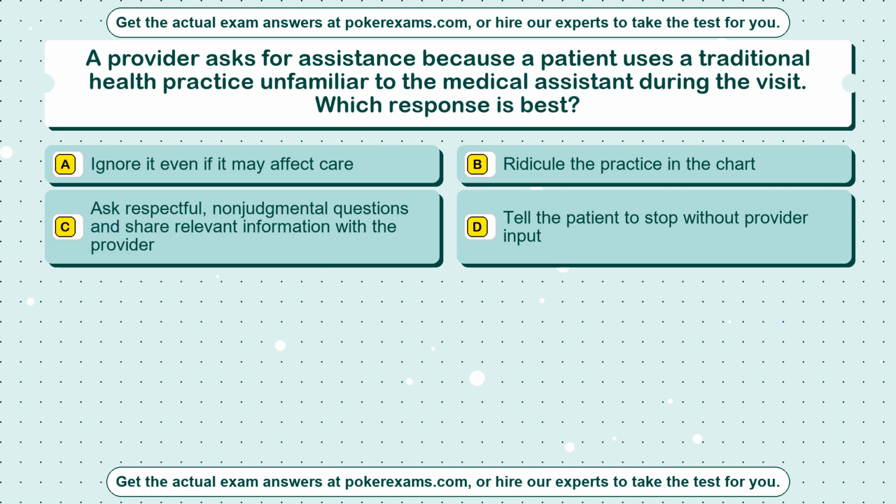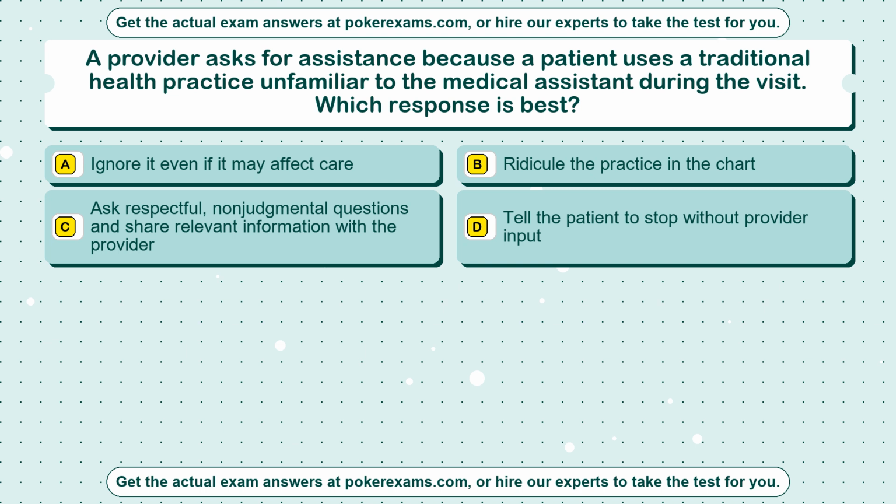Question 76. A provider asks for assistance because a patient uses a traditional health practice unfamiliar to the medical assistant during the visit. Which response is best? Option A. Ignore it even if it may affect care. Option B. Ridicule the practice in the chart. Option C. Ask respectful, non-judgmental questions and share relevant information with the provider.